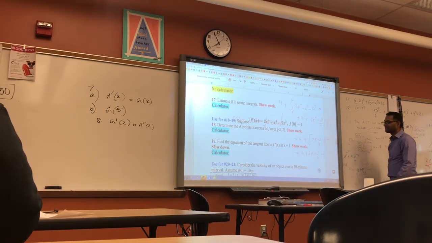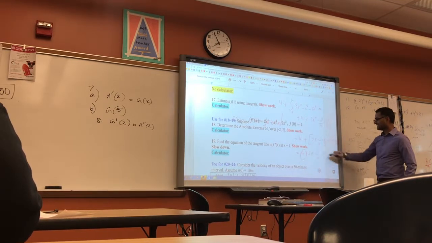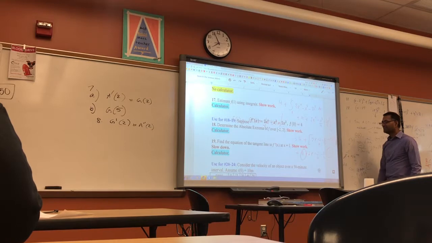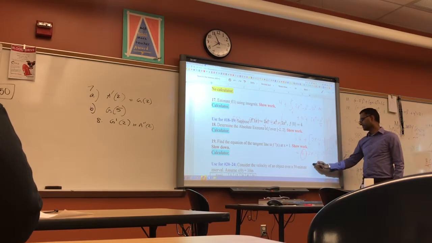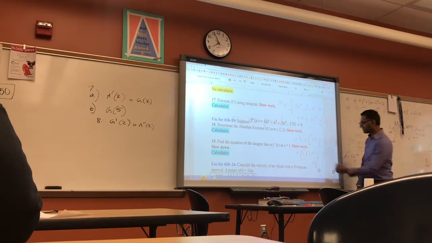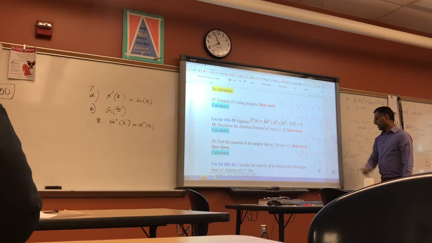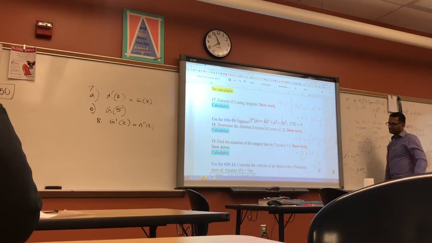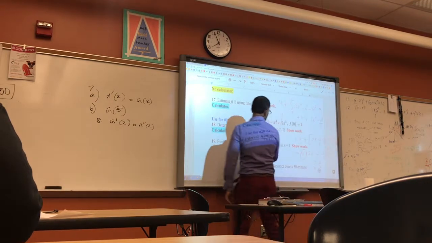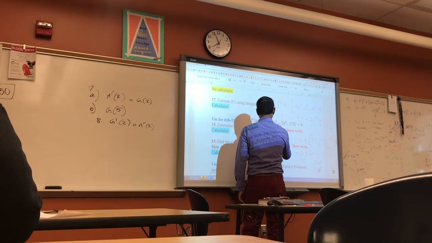Skip steps. And we can do the easy ones first. What's 4 minus 2? 2 minus 1/4. And then 7/4 minus 2/3. 21 minus 8. 13 over 12. So the final answer is 13/12 plus 2e.